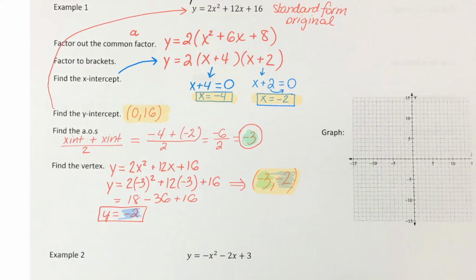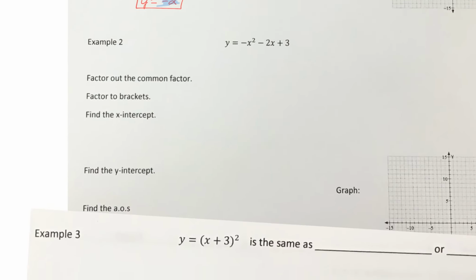And then you're going to connect them so they look like a U. So you've got an x-intercept at negative 4, one at negative 2, a y-intercept up here at 16, and a vertex at negative 3, negative 2. When we connect these together, we make them U-shaped, and they look like this. And we're done. All right, let's look at another example.